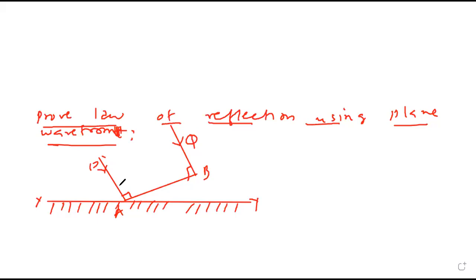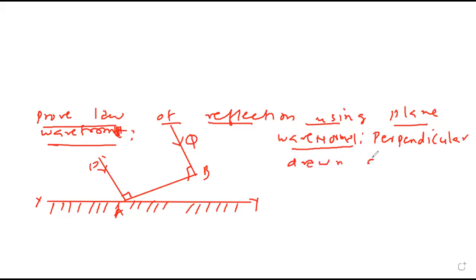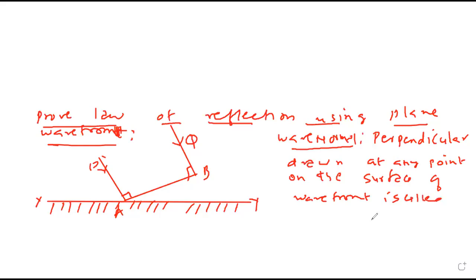The direction of a ray of light is also called wave normal. A small definition of wave normal, then move ahead. A perpendicular drawn at any point on the surface of a wavefront is called a wave normal.